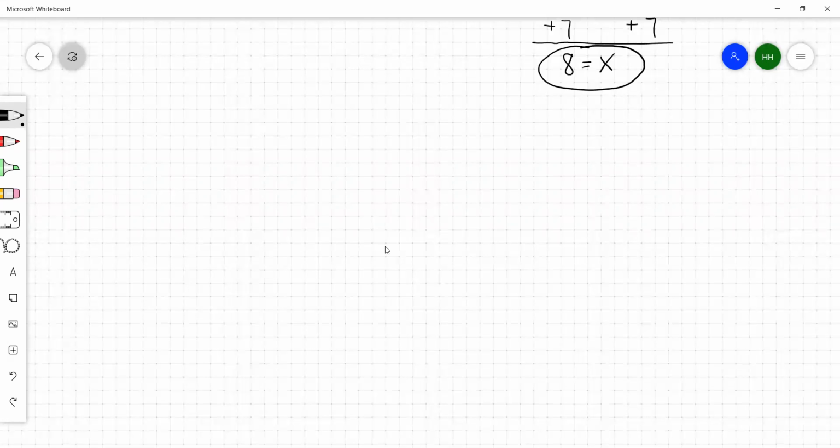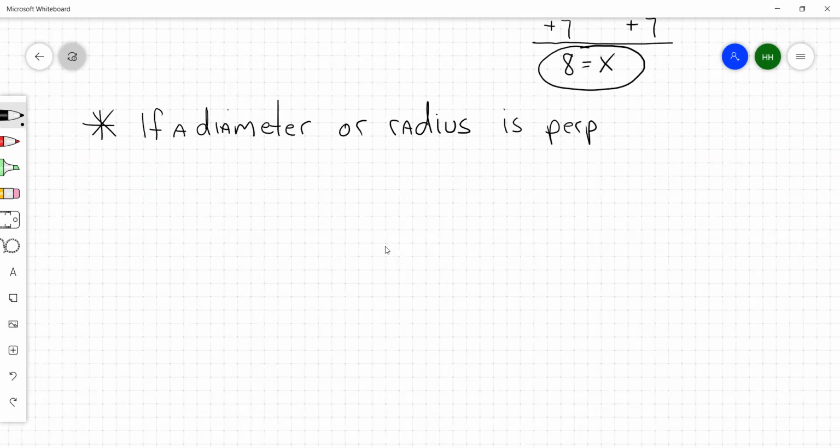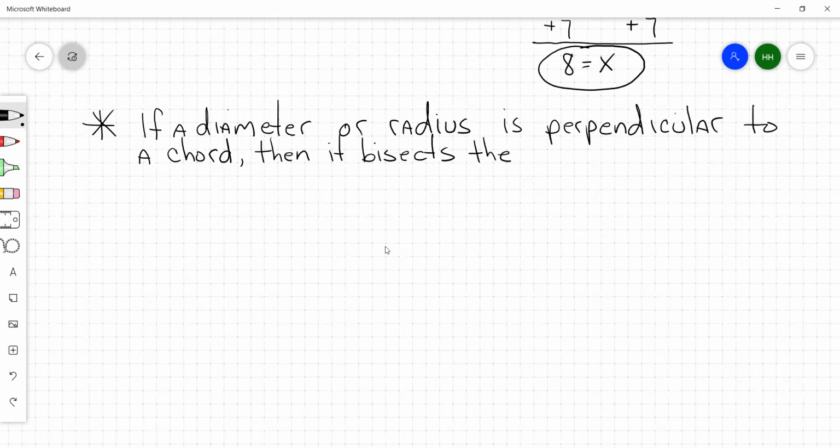Theorem 10.3. If a diameter or radius is perpendicular to a chord, then it bisects the chord and its arc.